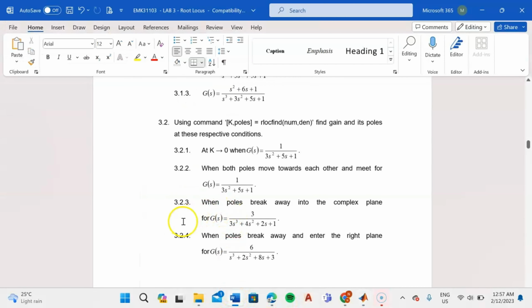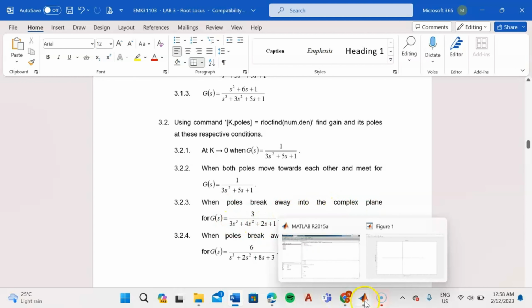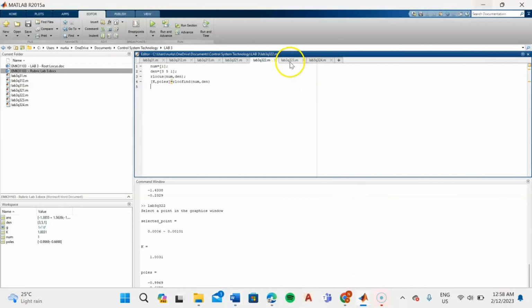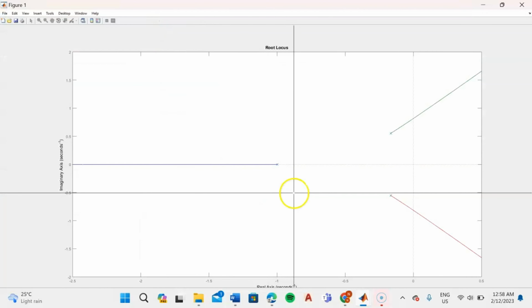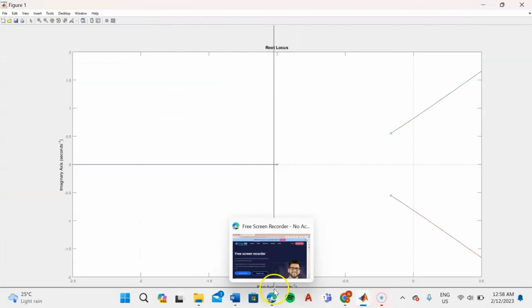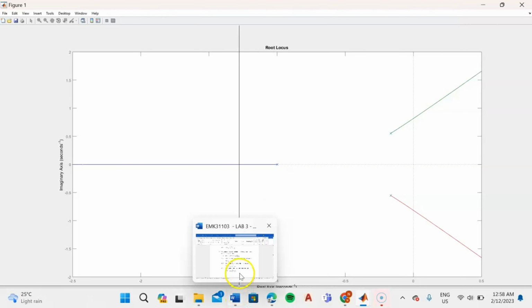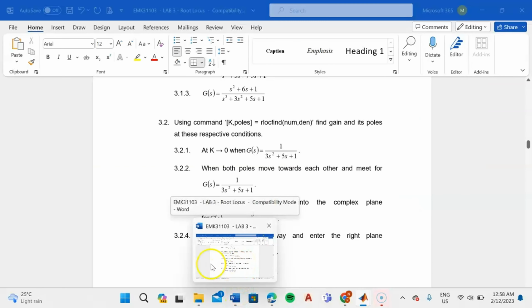Okay, next questions 3.2.3. It says that poles break away into the complex plane for these questions. So 3.2.3, numerator 3, denominator value 3, 4, 2, 1. Run, and then switch here.